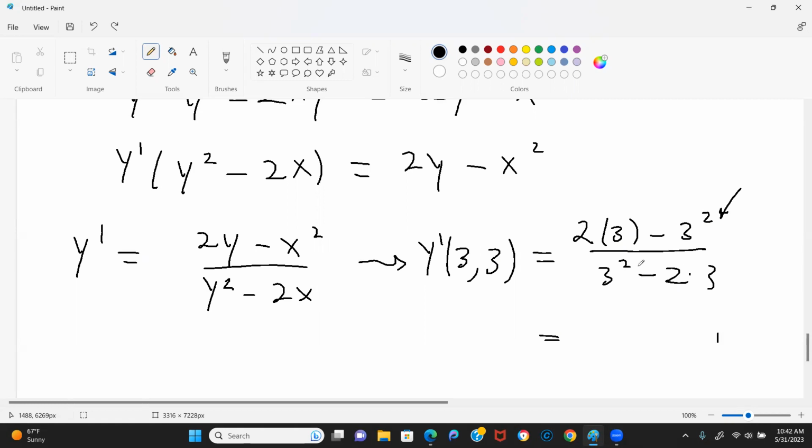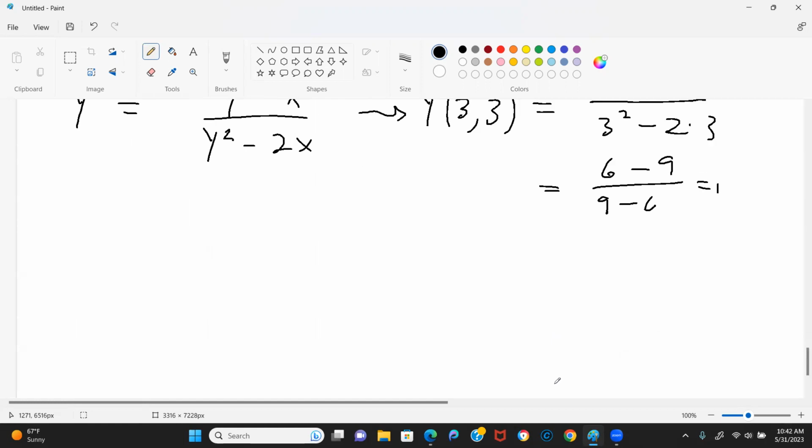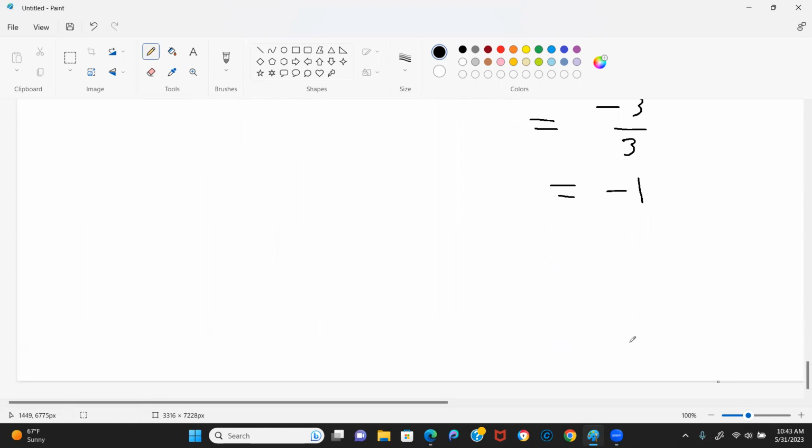Let's see. Anyways, if you simplify the top, you get (6 minus 9) over (9 minus 6), which is -3/3, which is equal to -1. So we have the slope.